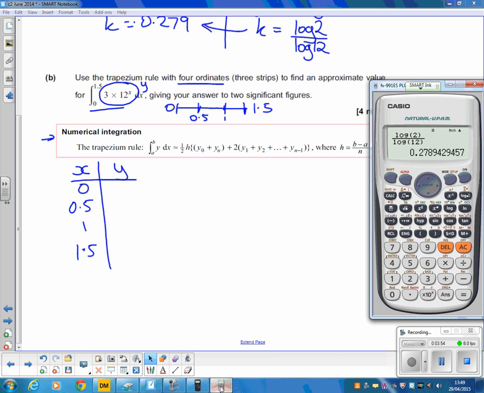So if you're going to do this with a table, you go mode table, f of x is our function, remember don't combine those, so 3 times 12 to the power of x, there's no simplification, they won't give you something that can be simplified, they would have done that for you. So we start at 0, go up to 1.5, our step size is 0.5, and there's our table of values, and you can just copy these out.